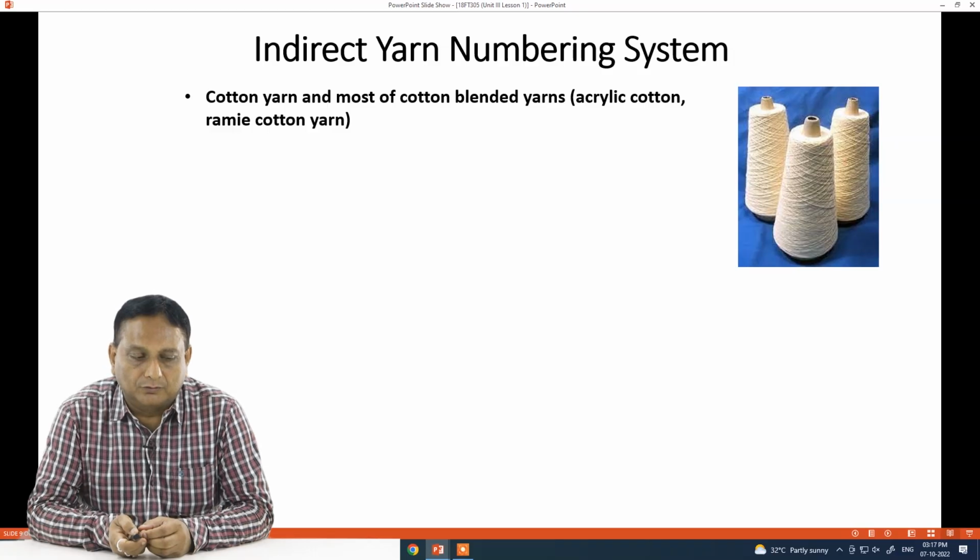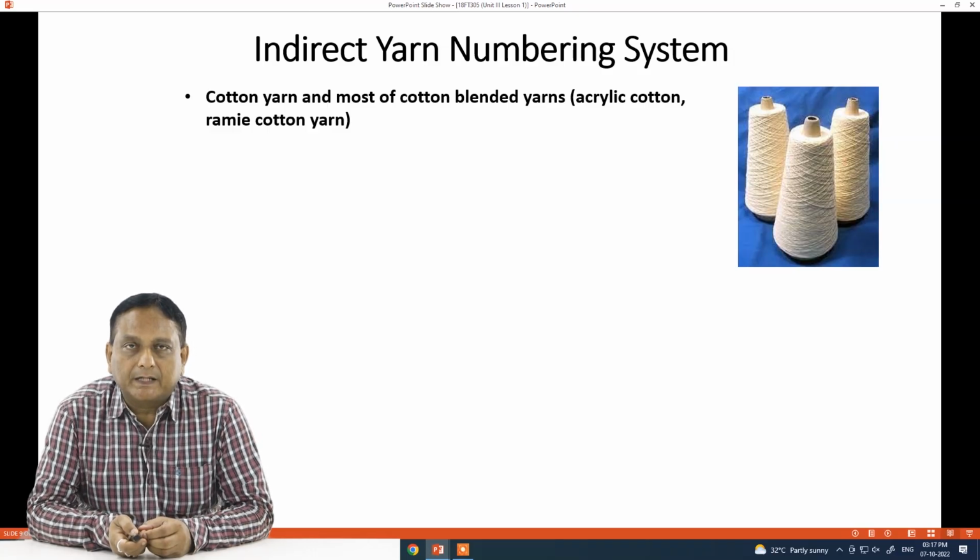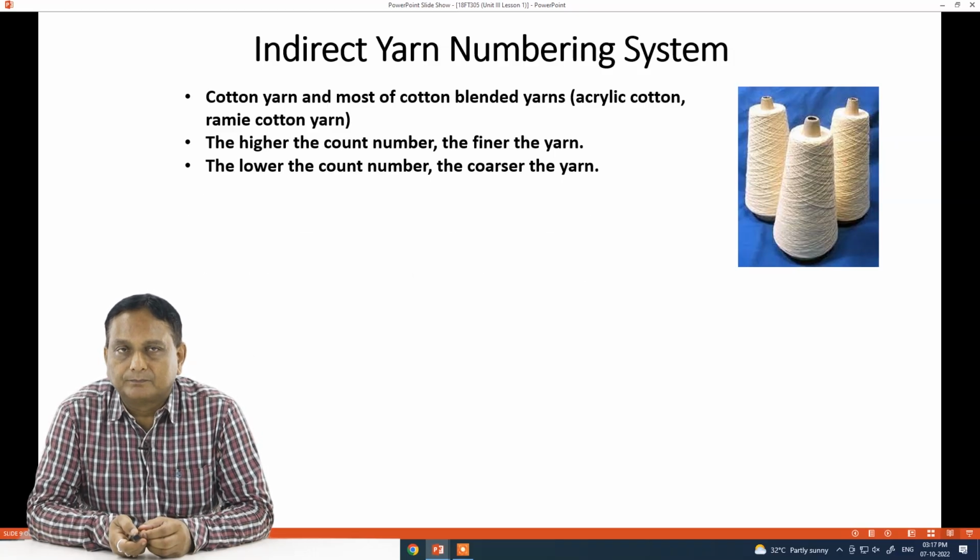So that is called the indirect yarn numbering system. Here the expression is: the higher the count number, the finer the yarn. Similarly, the lower the count number, the coarser the yarn. In this fashion the indirect yarn numbering system goes, specifically for cotton yarn.